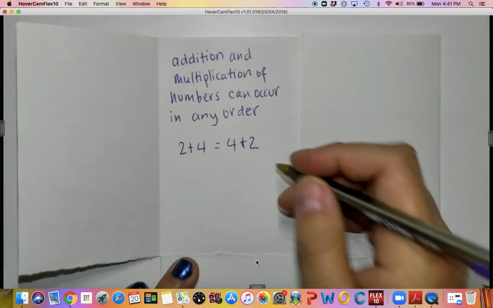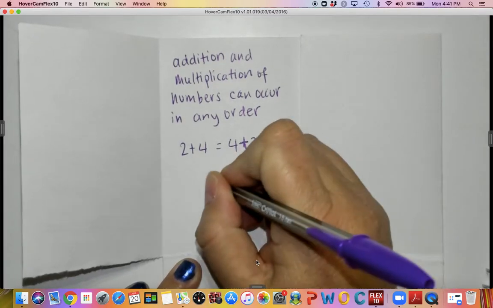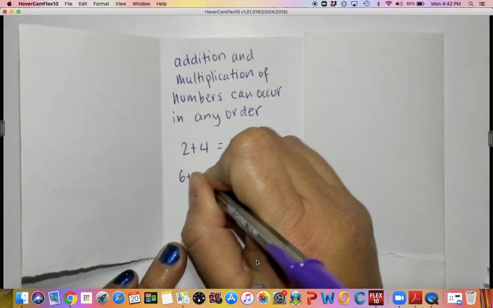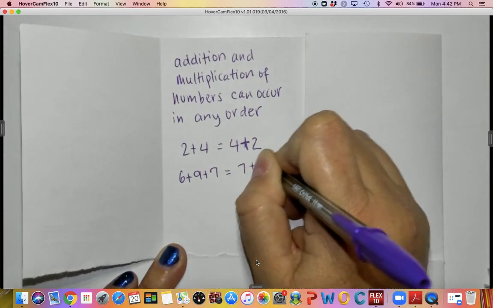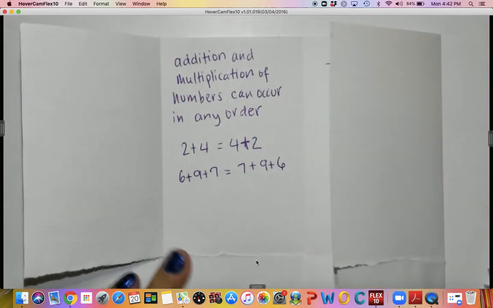Let me give you another example with more than one number. 6 plus 9 plus 7 is the same as 7 plus 9 plus 6.